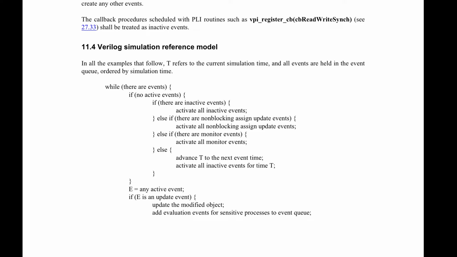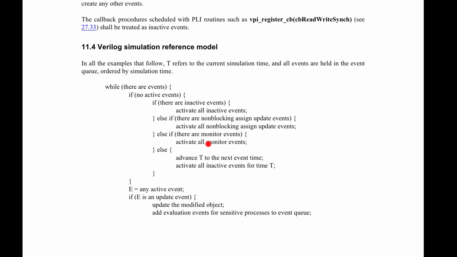If there are no active, no inactive, and no non-blocking, we ask, are there any monitor events? If there are monitor events, then we activate the monitor events. Technically, they get moved to the active event queue, and then we do them. And monitor events are unique in that they can't trigger any more events. So once we've done the monitor events in the next cycle, then we're done for this time instance. So we then finally get to the point where there are no active, no inactive, no non-blocking, and no monitor events.